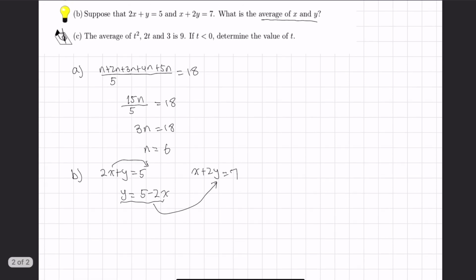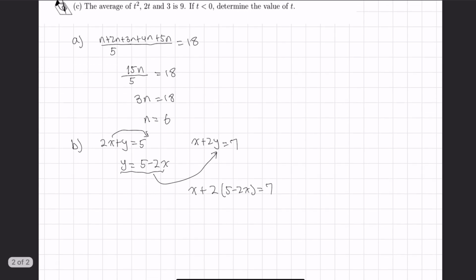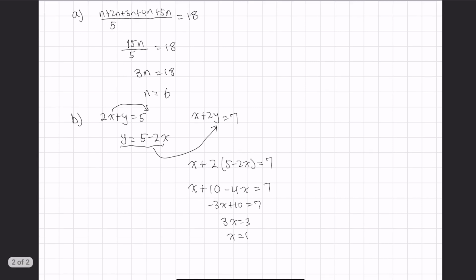So that would be x plus 2 times (5 minus 2x) equals 7. And now it's just simplifying. x plus 10 minus 4x equals 7, and this is minus 3x plus 10 equals 7, 3x equals 3, and x equals 1.